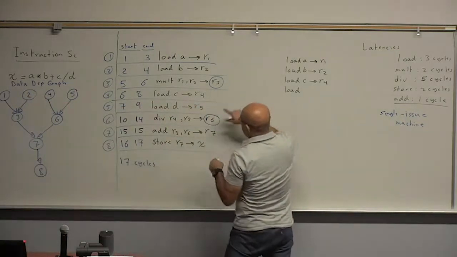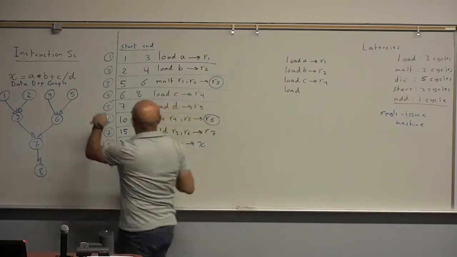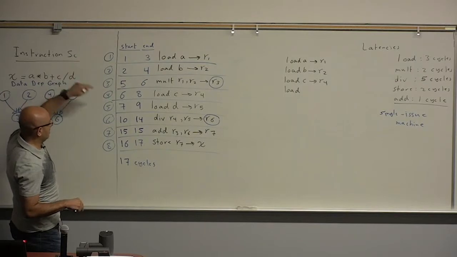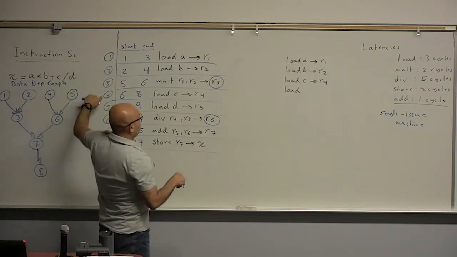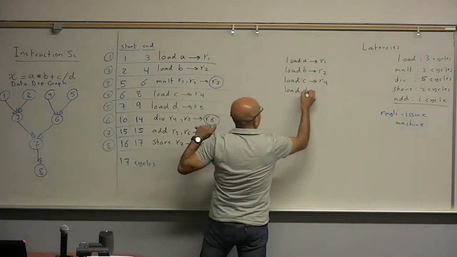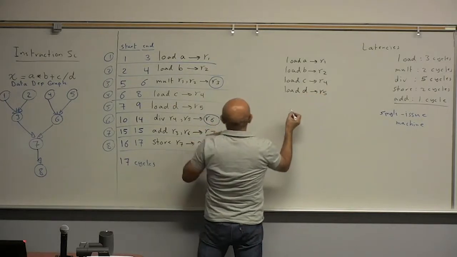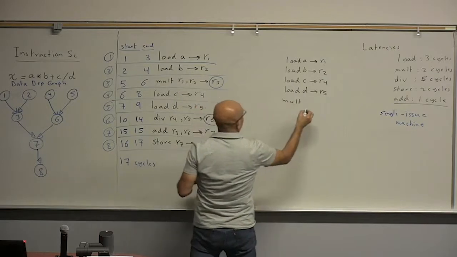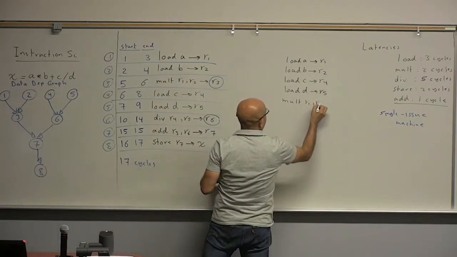So loading C into R4. So basically, we put instruction 4 before instruction 3. That's what we did. Loading D into R5. Then we multiply R1. Wouldn't it be faster to run the division first?